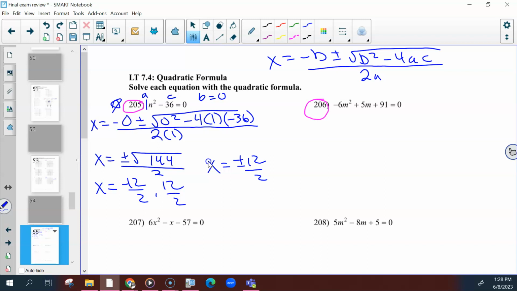And then simplify it one last time and write that as a solution set. In this case, you could have just done plus minus 6, either one of them. Questions on that one?